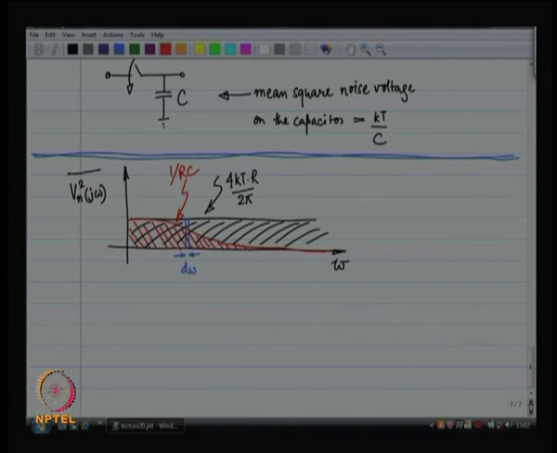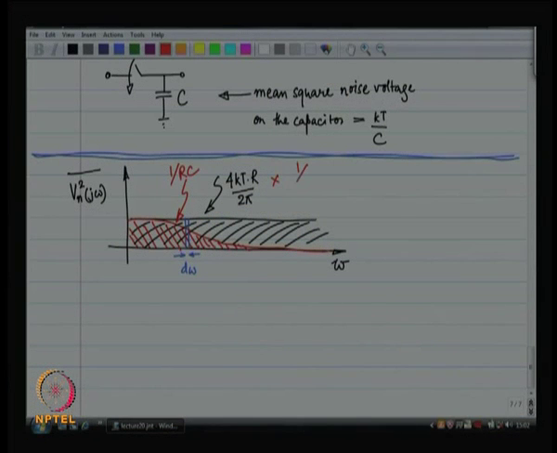So, if you multiply 4 kT R by 2 pi times 1 by RC, that is the portion that is coming through, the remaining portion is not coming through. If you make that a first order approximation, then R cancels with R and you get kT by C times 4 by 2 pi.